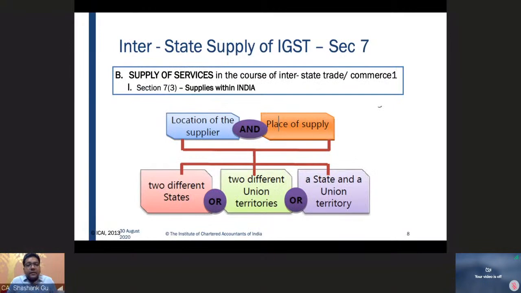Next is supply of services. When would that be treated as interstate supply?